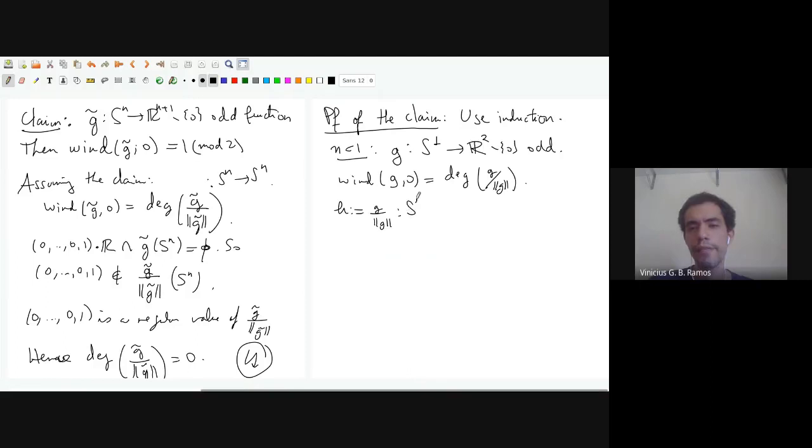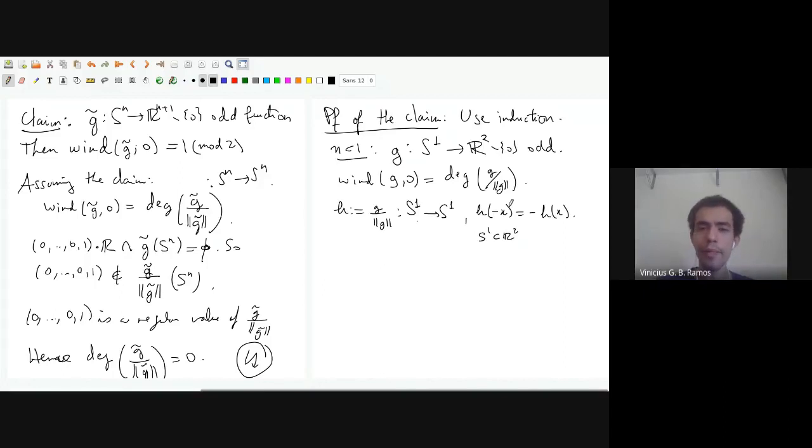So h is going to be a function from S1 to S1. And it's easy to see that h is still odd. So h of minus x is minus h of x. Okay, and I'm thinking of S1 as contained in R2 when I say minus x.